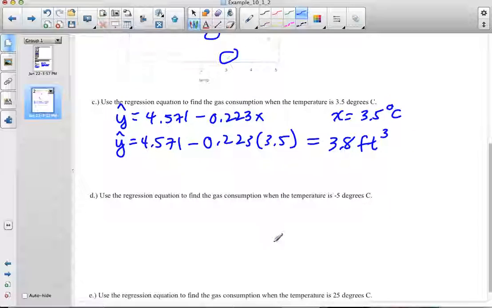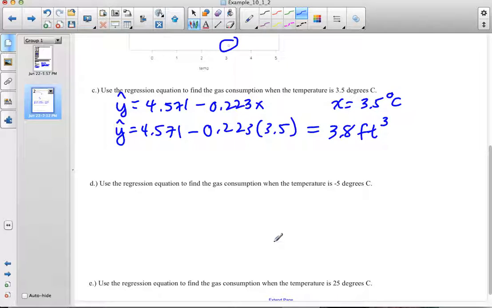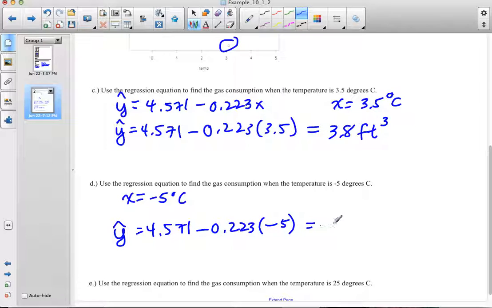Use the regression equation to find the gas consumed when the temperature is negative 5 degrees Celsius. So again, in this case, my x is equal to negative 5 degrees C. So y hat would equal 4.571 minus 0.223 times negative 5. And that comes out to 5.7 cubic feet.